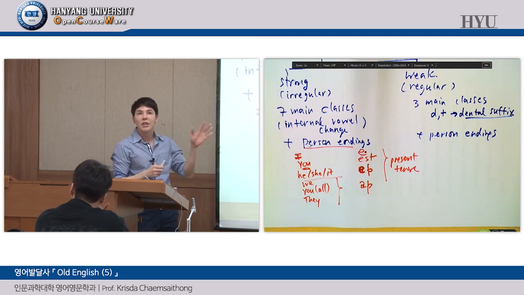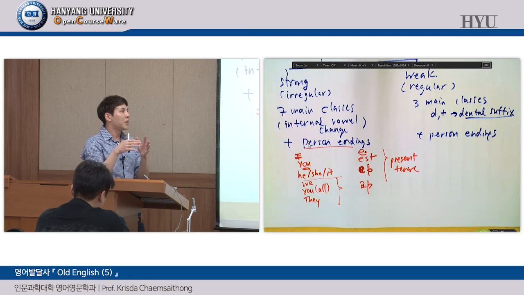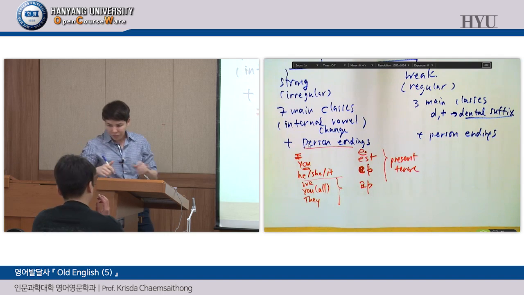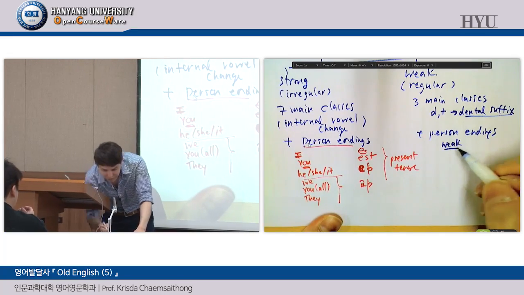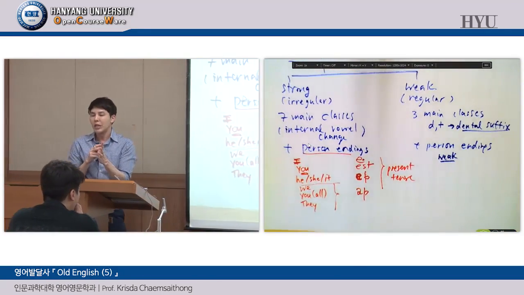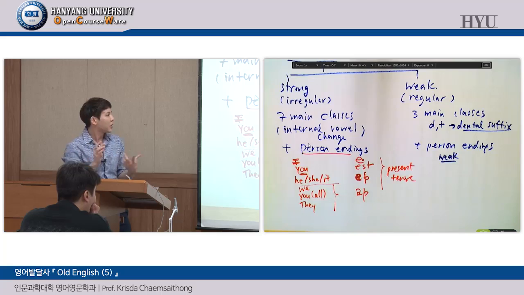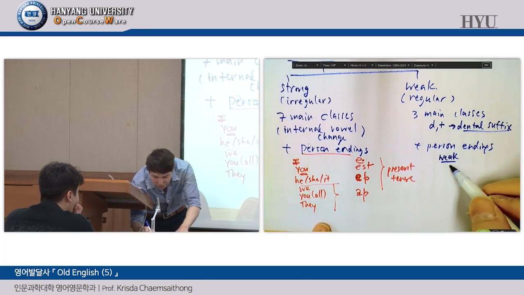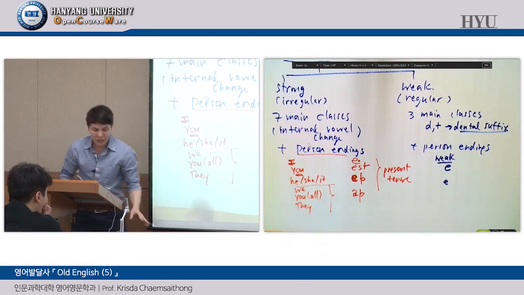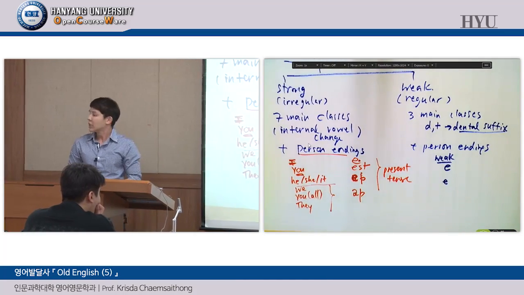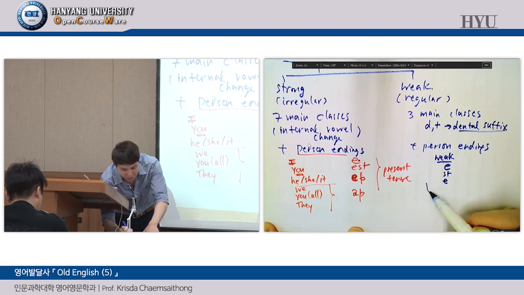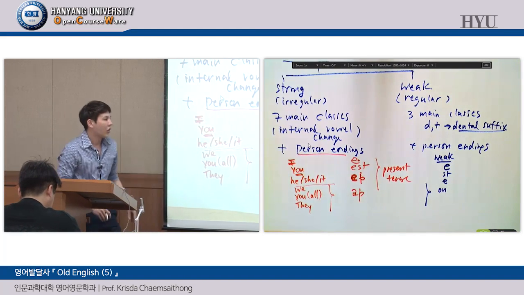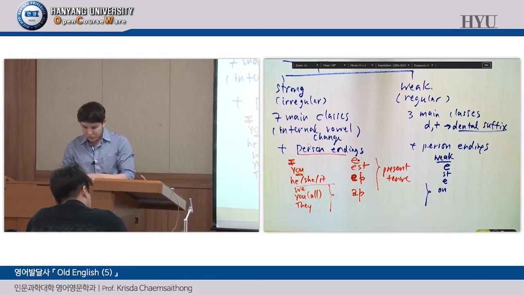the past tense, weak and strong verbs exhibit different person ending patterns, right? So for weak verbs first, the first person and the third person will be with E, right? And then the second person would be with ST, and then the plural would be ON, like this.